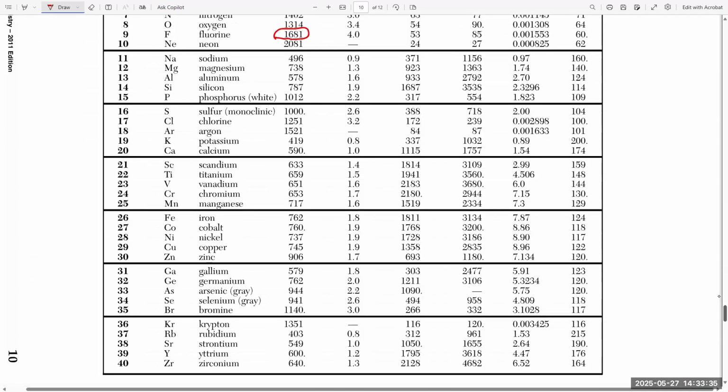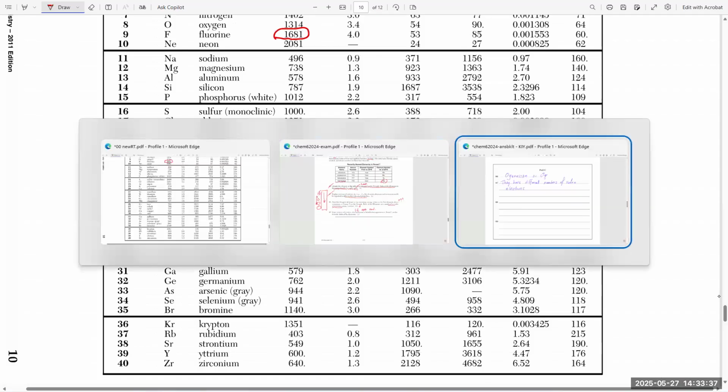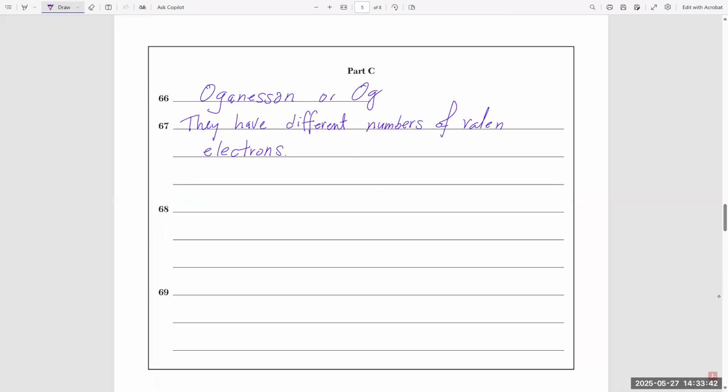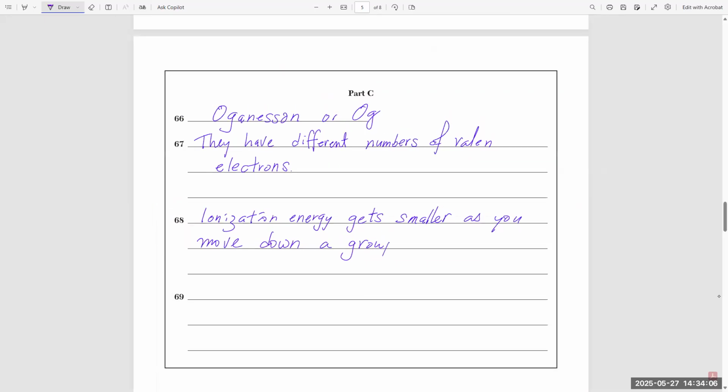So what do we notice? It went down. So that's literally the only thing you need to talk about. So I say ionization energy gets smaller as you move down a group or a family. Okay? And that's that.